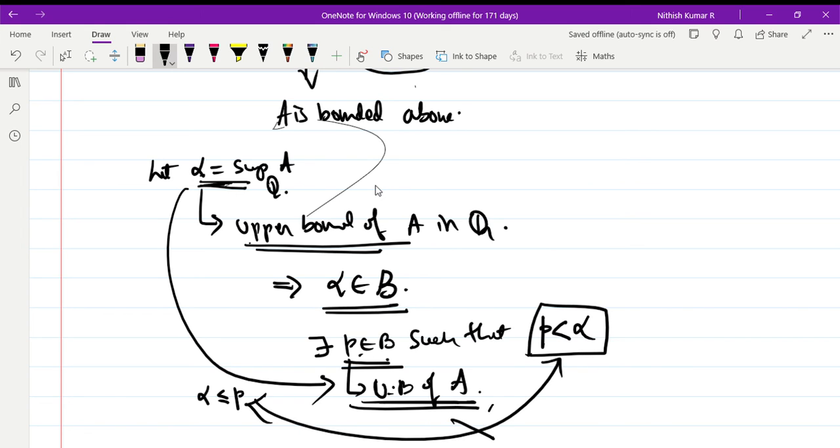These two are not possible. Therefore, A has no supremum.